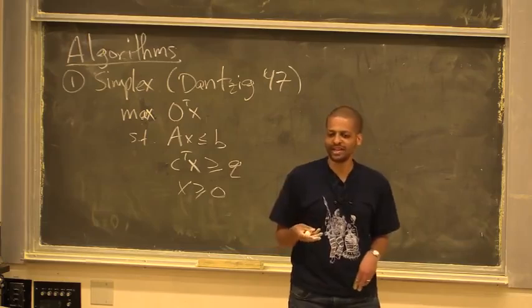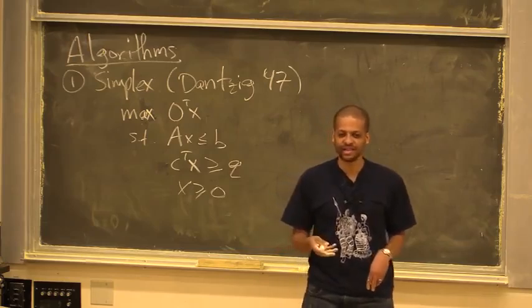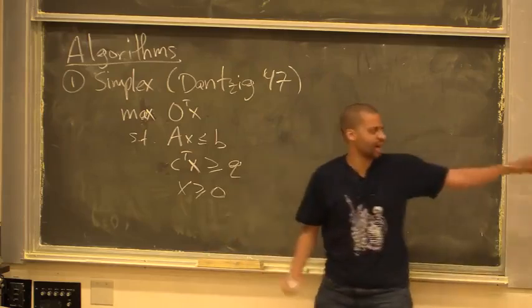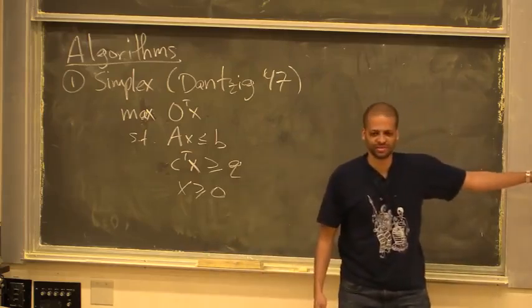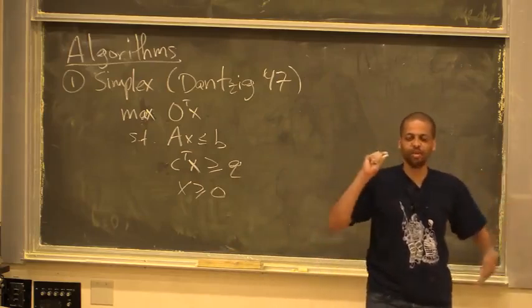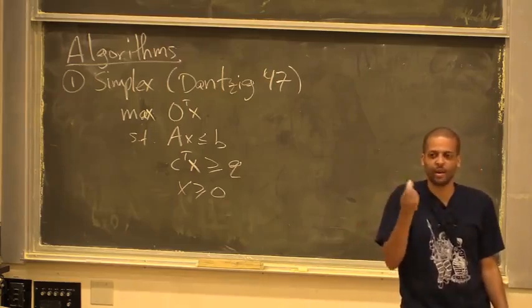So it shouldn't be that easy to find a vertex, because if you could, you could solve the optimization problem just by binary searching on q. Finding even one feasible point is essentially just as hard as optimizing the whole thing.